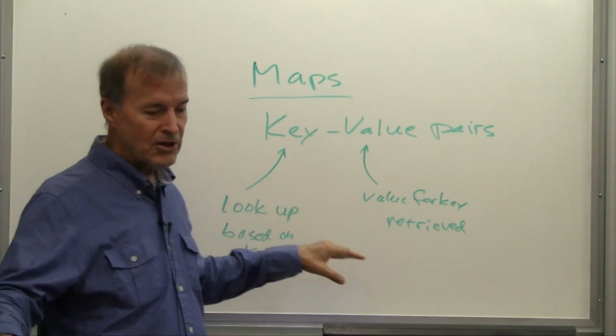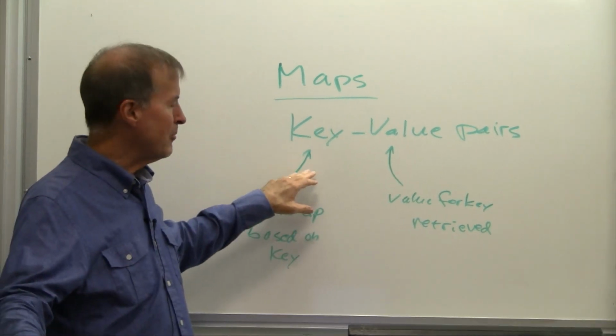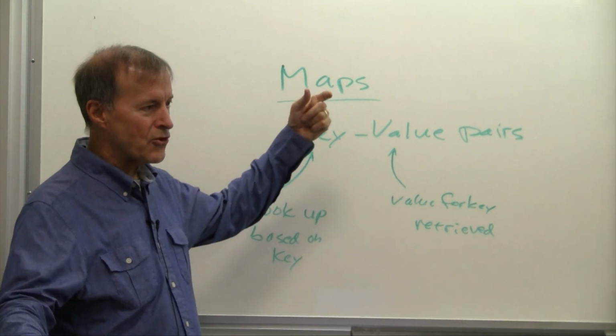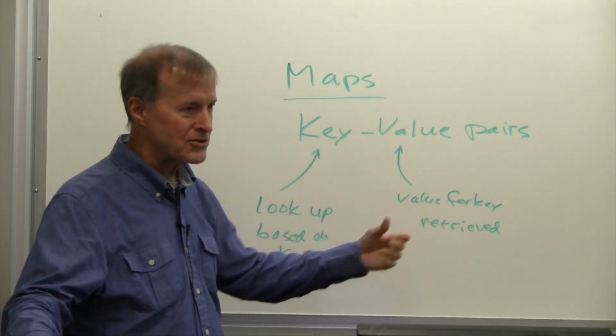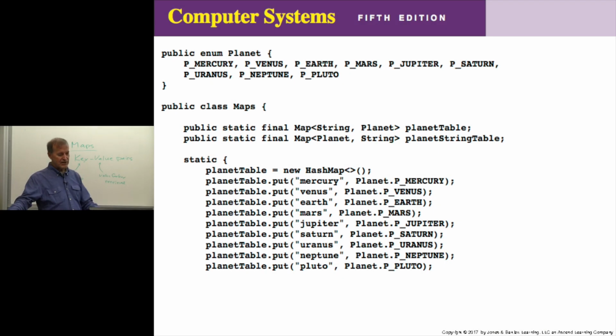All right? But what we will see later on is if the key is an enum, you don't have to hash the key. It just has an ordinal value. It can be just like an array, and you just look up a string. Does everybody see what the difference is? So here in planet table we have a hash map, and then there is a method called put for a hash map that puts the key value pair in the container.